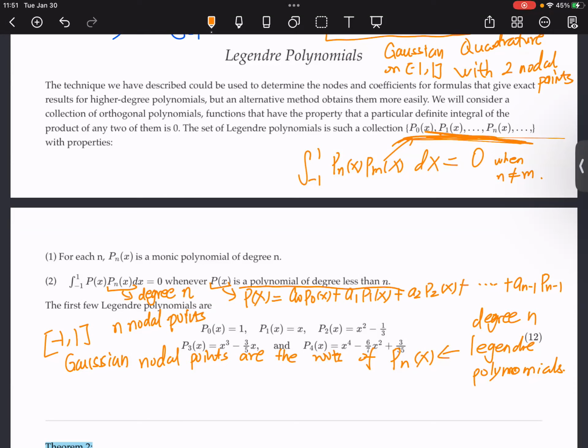The a0, a1, a2 are the coefficients for these basis functions.